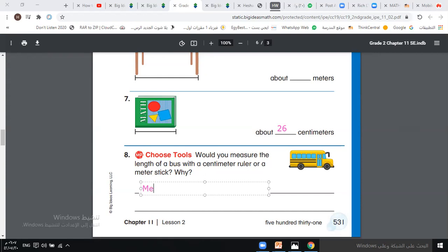Meter stick. Thank you, Abdurrahman. Excellent boy. Bye. Why meter stick? Because the bus is long.